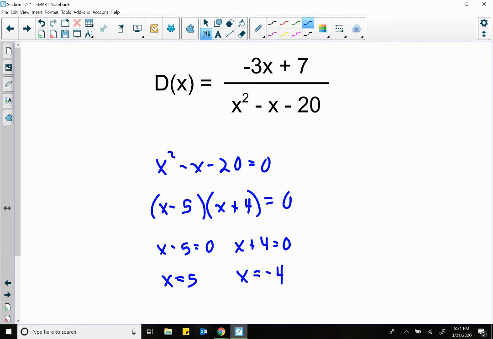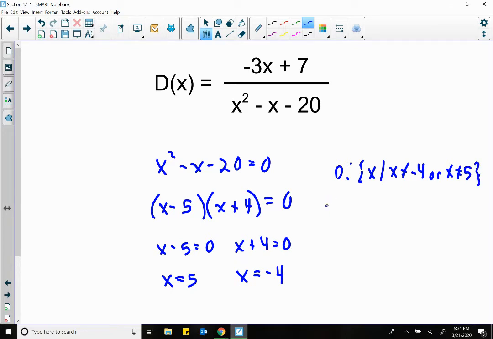Okay? So, domain, then, set notation, x bar, throw out a negative 4, or, oops, running out of space, or we're going to throw out the positive 5.